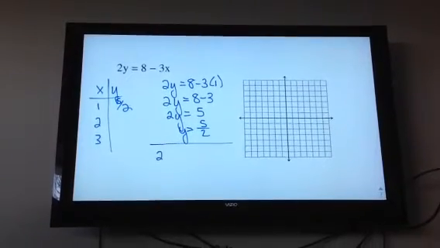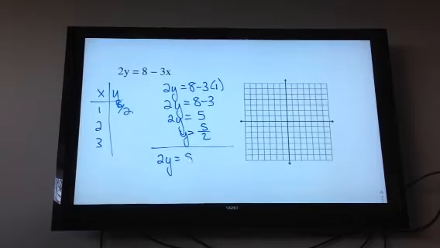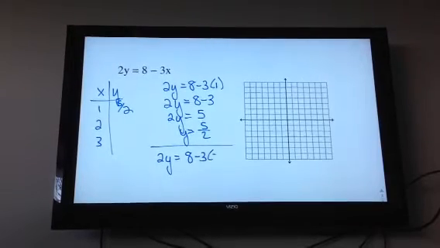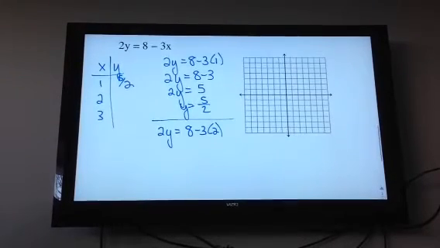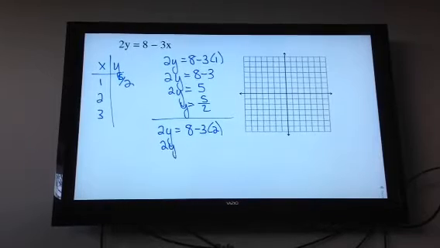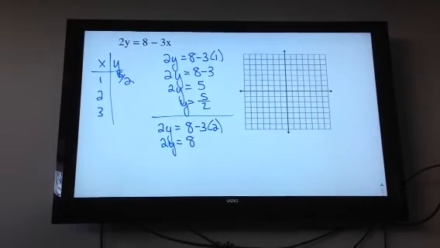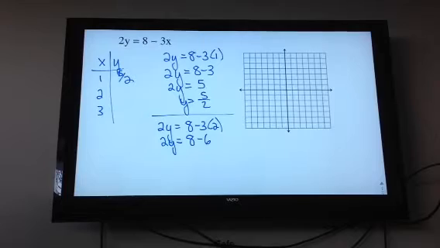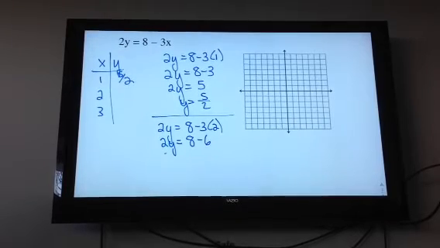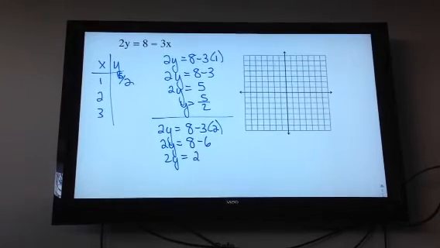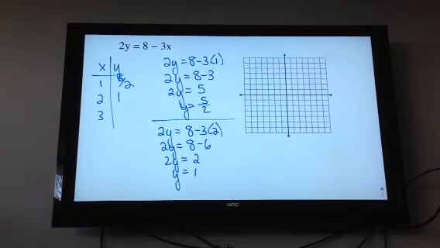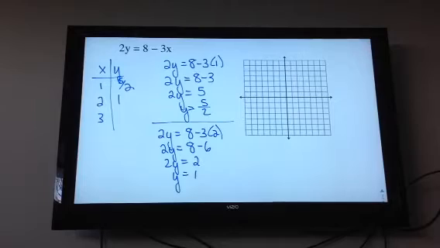Let's plug in 2. So 2y equals 8 minus 6. 2y equals 2. Divide and y is 1. And again, if you do it in your head, that's wonderful.